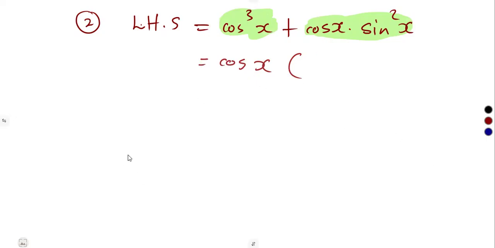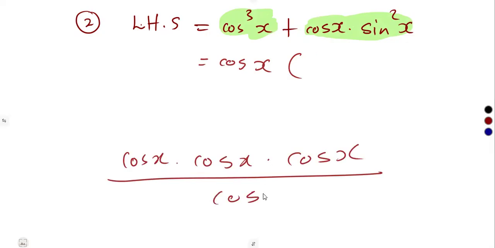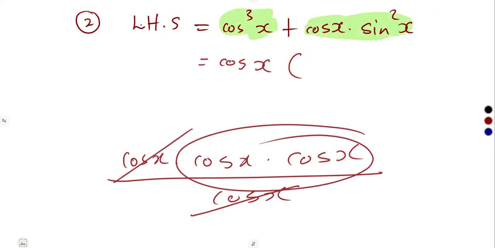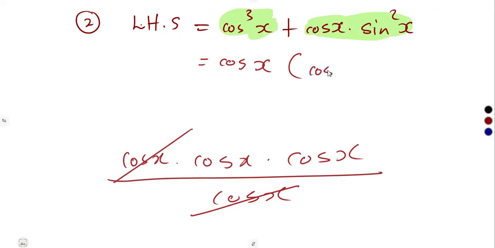There are 3 of them. It's like cos of x times the cos of x times the cos of x. There are 3 of them. Over what? Over the cos of x. So if you cancel 1, we are going to remain with what? 2. So it's going to be what? Cos squared. There are 2. Cos times cos. So guys, just know, if there are 3 and you're dividing, subtract: 3 minus 1, that's a 2.